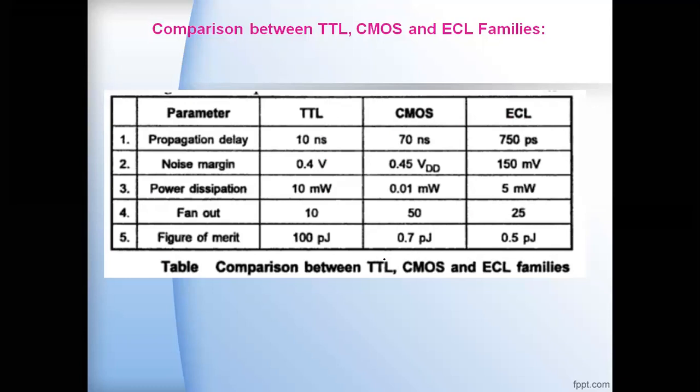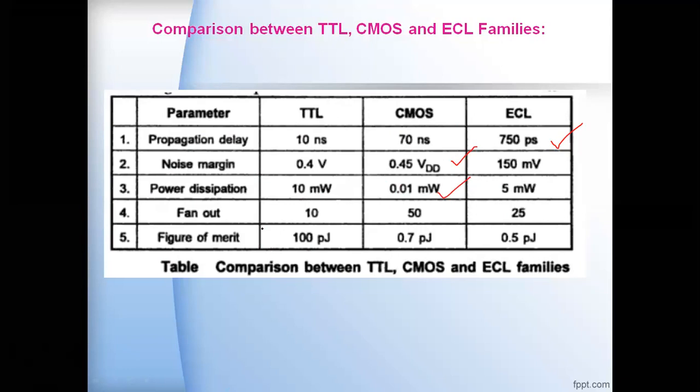Out of the 3, which is the fastest device? ECL. Which has the good noise margin levels? CMOS. And which has the lower power dissipation?